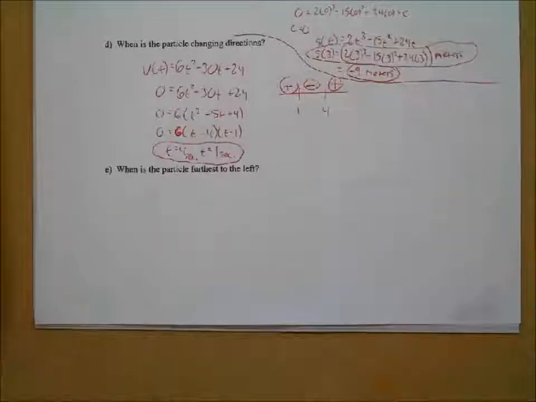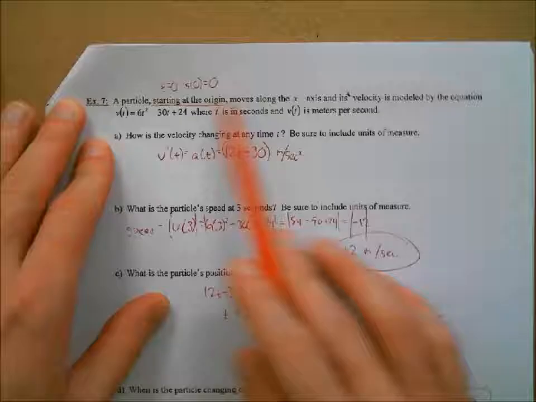Okay. When is the particle furthest to the left? What topic or what concept is this asking us to find? So furthest to the left is talking about the what of the particle? Position, okay? We want the furthest left. Remember that in this case, right, we're describing a particle moving along the x-axis, okay?